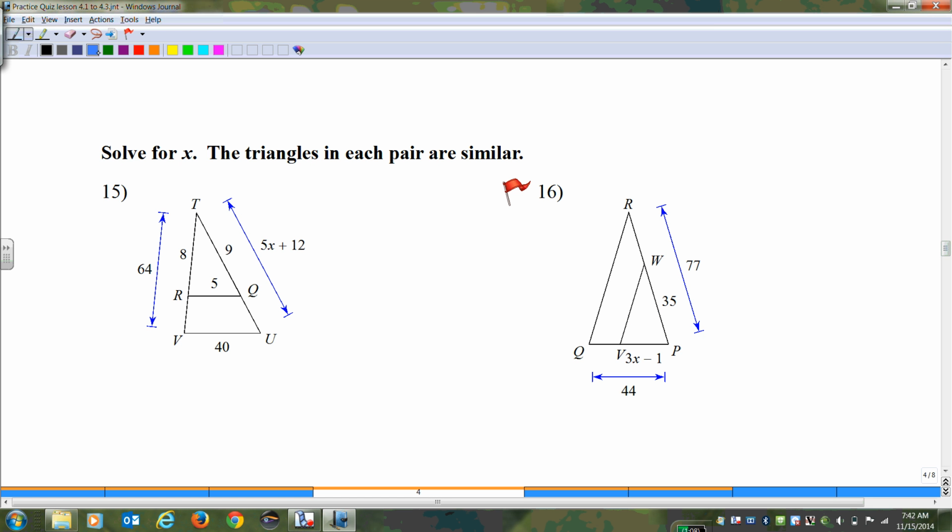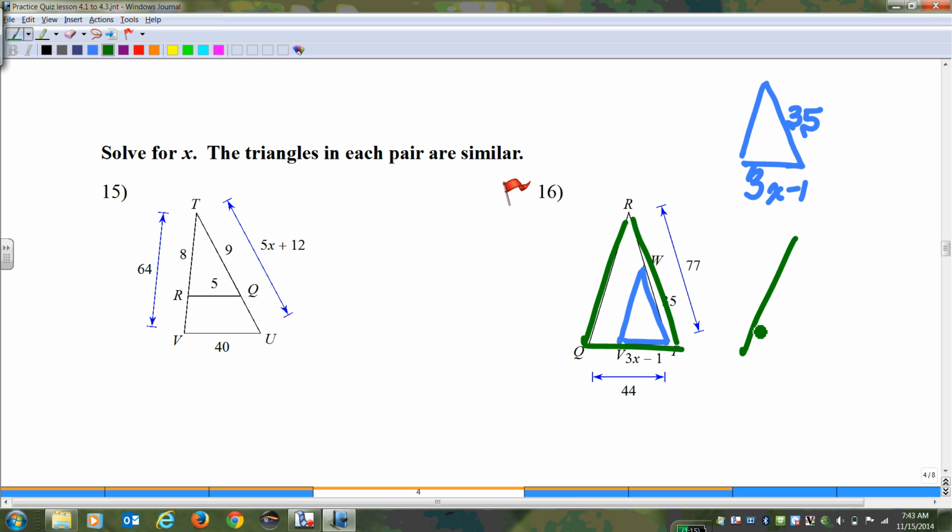Here we want to solve for x. So once again, I like to pull these triangles apart. Make sure you bring your numbers over very carefully and make a proportion. From here, it's just a matter of matching and mirroring.